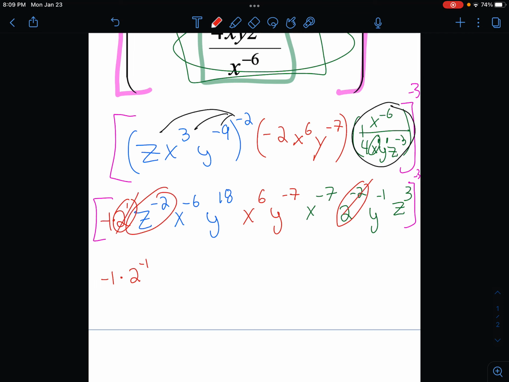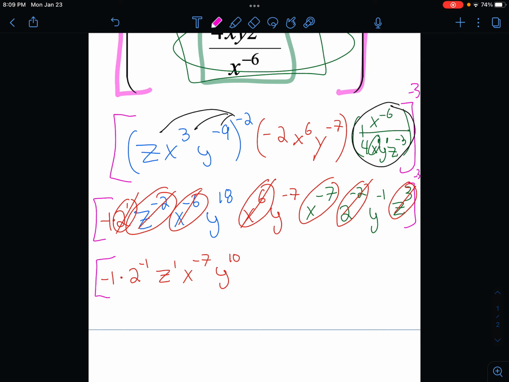Then we have z to the negative 2, z to the 3 resolves into z to the 1st power with addition. X to the negative 6 and x to the 6 cancel, and we are left with x to the negative 7. Y to the 18th, y to the negative 7, and y to the negative 1 gives us y to the 10th power. All of this is being raised to the power of negative 3.